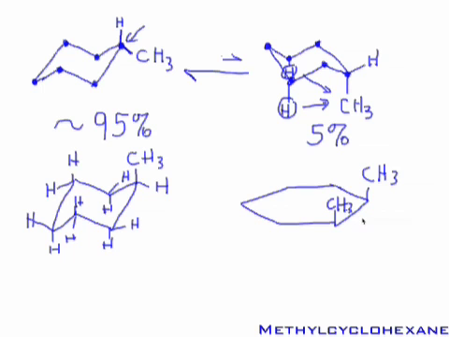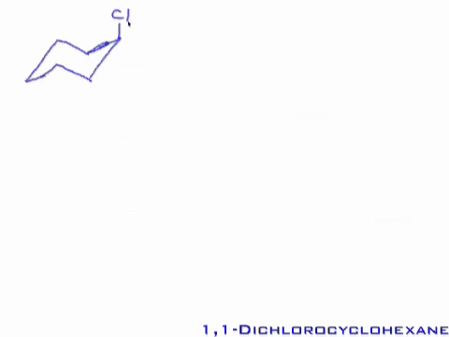So what we're going to do is start with a cyclohexane ring and make it 1,2. We're just going to draw them anyway and see if we can figure out whether it is cis or trans. But before we actually start with 1,2, let's start with 1,1 and ask some questions about 1,1.